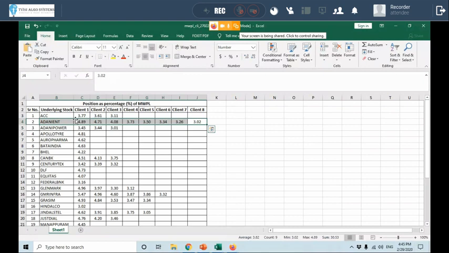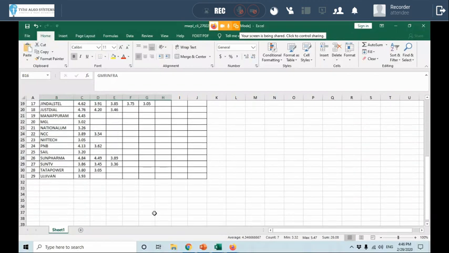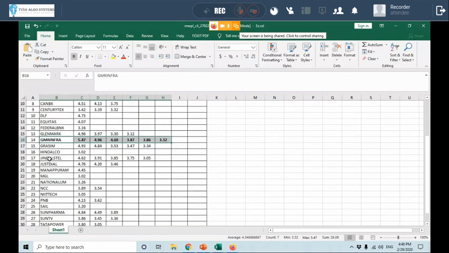Whether they are bullish or bearish, we can't get that information from this. You need to look at other data points, like open interest build-up. Now let's look at GMR Infra. Someone is interested, because 6 clients have open interest in this. Rest all is fine.